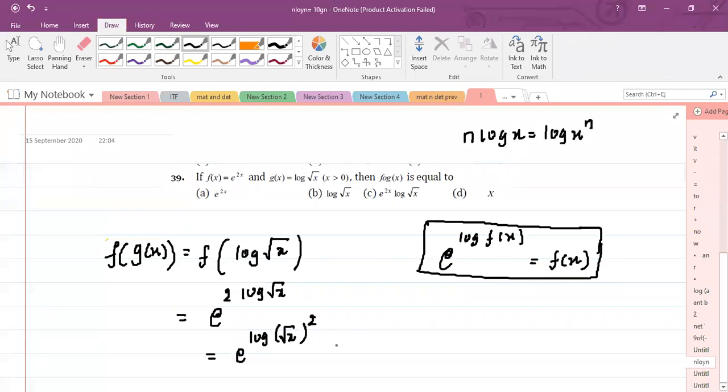So this is e raised to log of root x squared, where the square and root cancel, giving e raised to log x. So this is equal to x, because e raised to log of f of x is f of x. Hence it is option D.